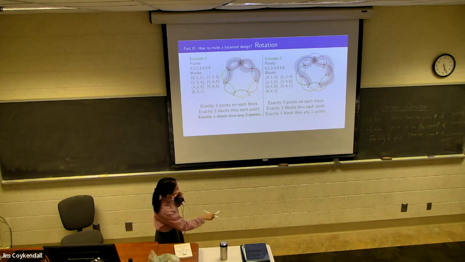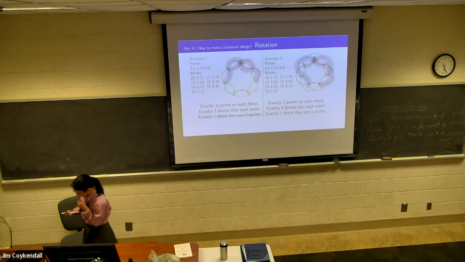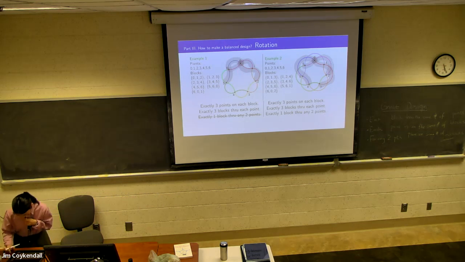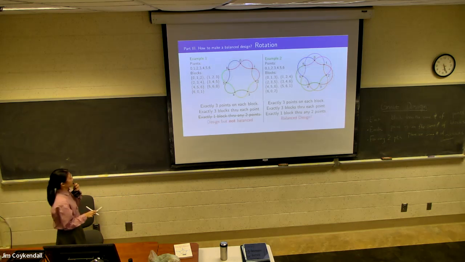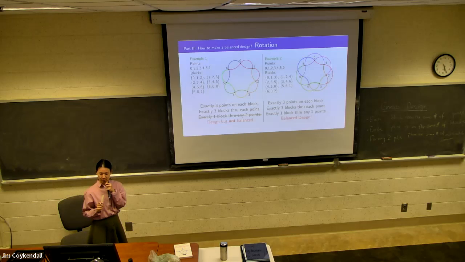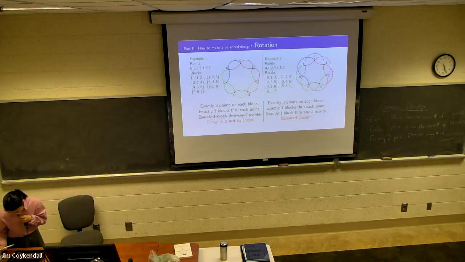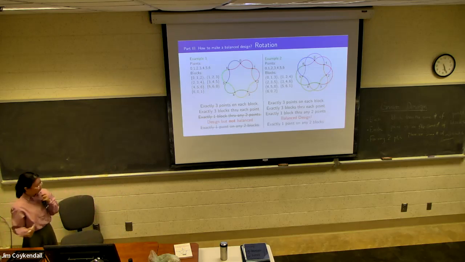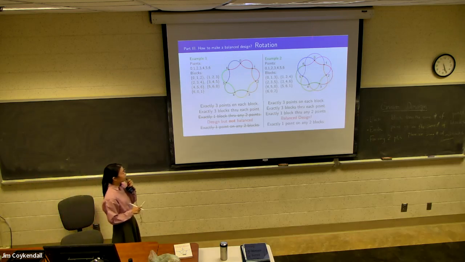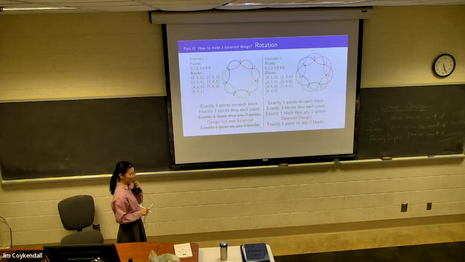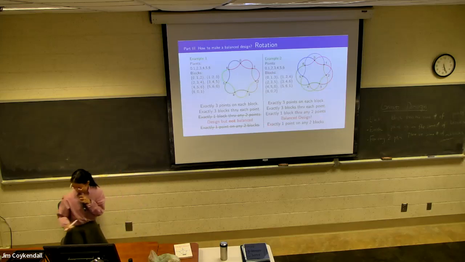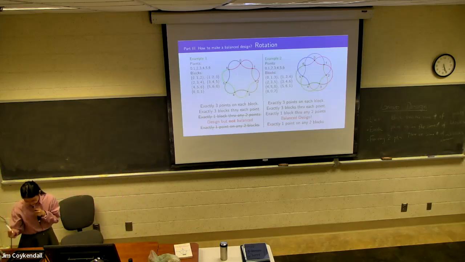If you look at the destination here, it means that we get a balanced design on the right, but not a balanced design on the left. But actually, you can have a bit more. That is, on the right-hand side, any two blocks will have exactly one common point. This one is not that easy to see, but you can try.